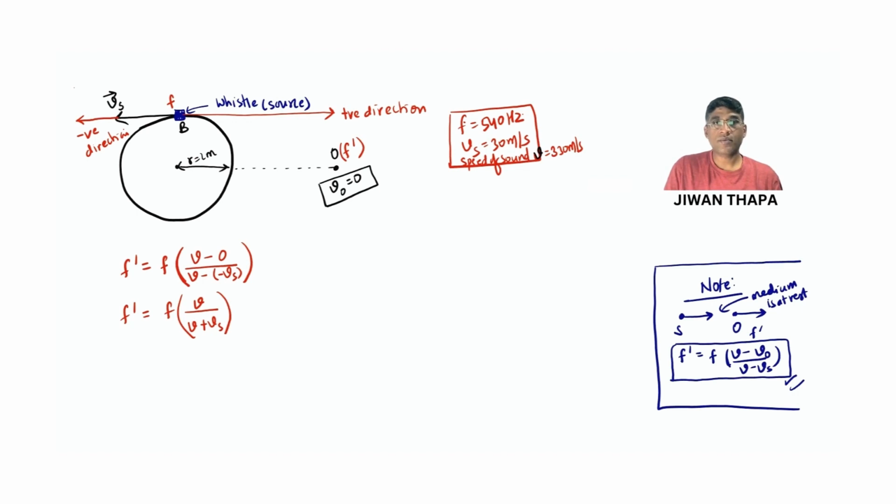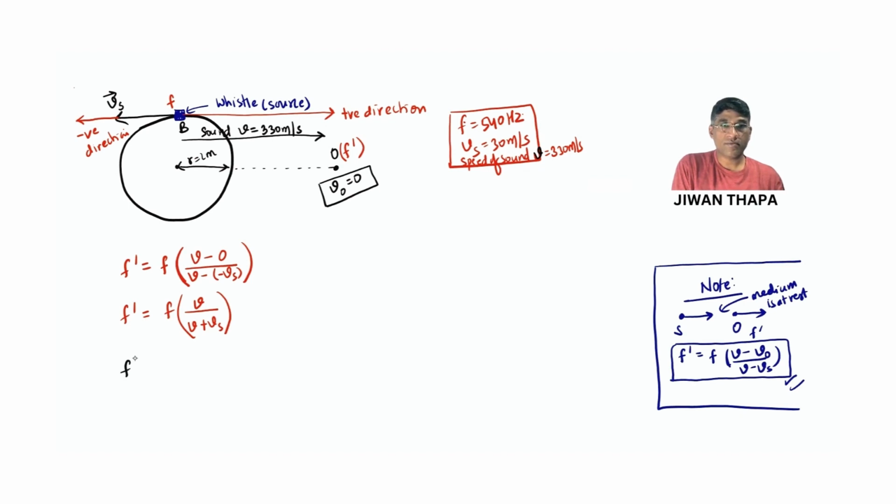And as I said earlier, we always take sound directed from source to observer. So this is 330 meter per second.